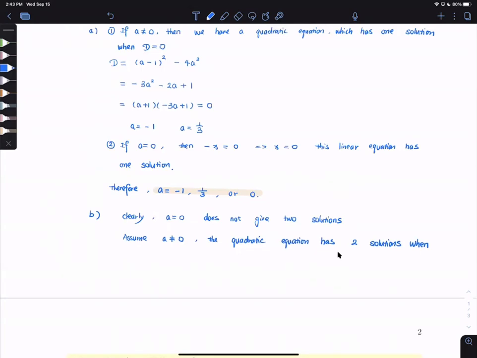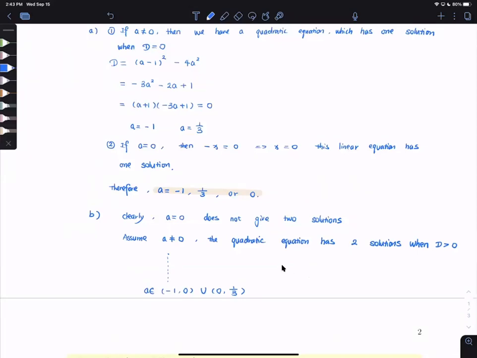Yes, we want D greater than 0. Okay? Yes, we want D greater than 0. And the rest, you can do it yourself. I'll just give you the final answer. The final answer is A is in the interval -1 to 0 union 0 to 1/3. Okay? You can fill in the middle part.